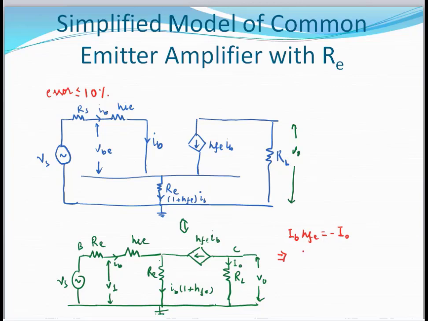So I naught by IB is nothing but the current gain, because the input current is IB and the output current is I naught. So I naught by IB gives AI, and this is minus of HFE. So here AI is equal to minus of HFE.